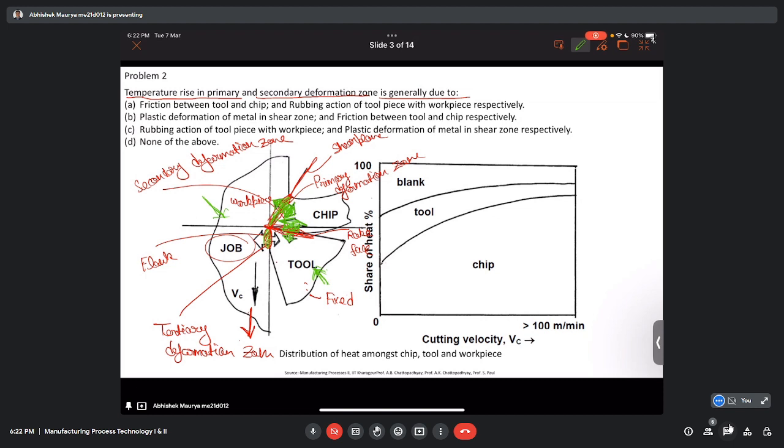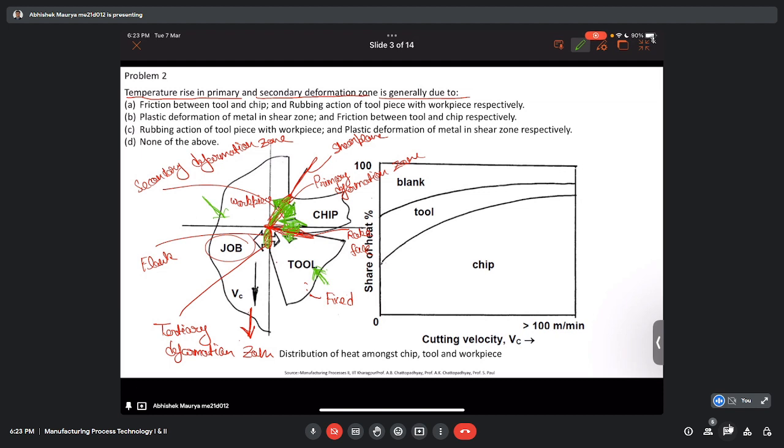Okay, so fundamentally, if you try to answer this question, what is happening? Why is deformation happening? It is happening because of the breaking of bonds, or because of dislocation movement.